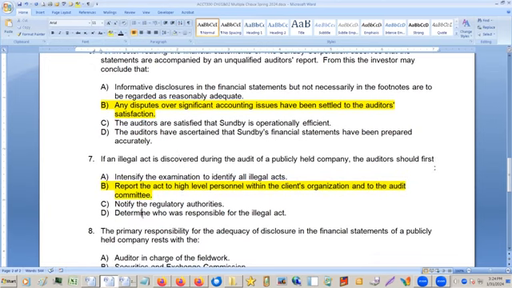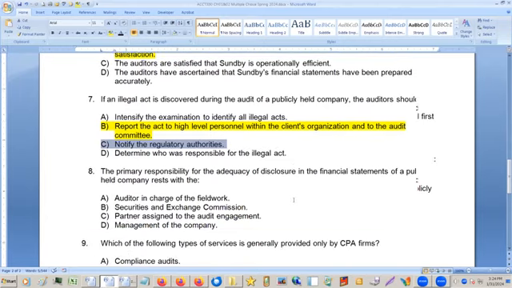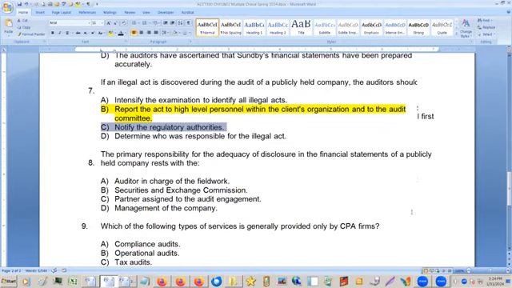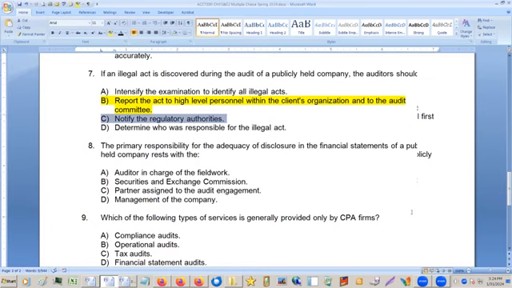And some people are tempted to say, well, don't we call the police or something if we find a fraud? We have a fiduciary duty to the client, and if there's someone in their organization that's created a fraud, the client themselves can contact the authorities. That's not the auditor's job, and we have a fiduciary duty to the client not to disclose confidential information.